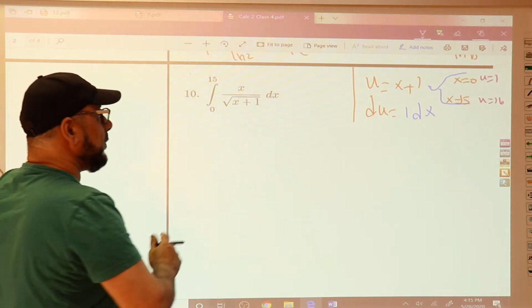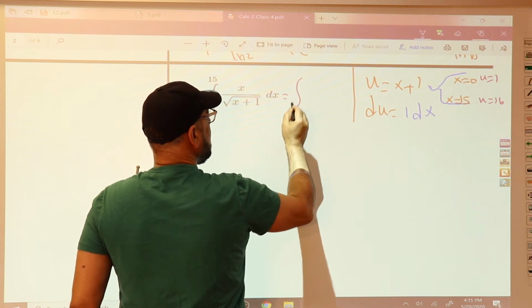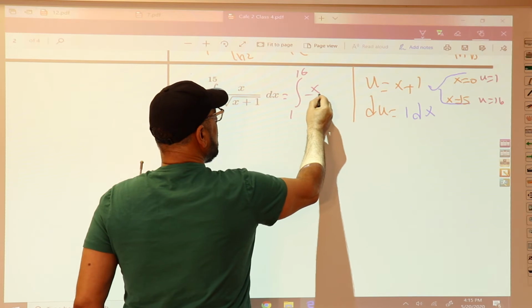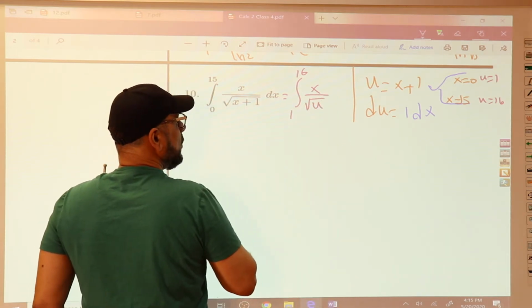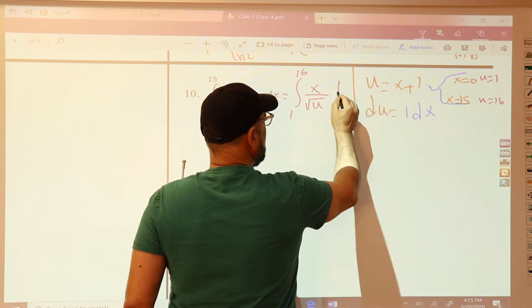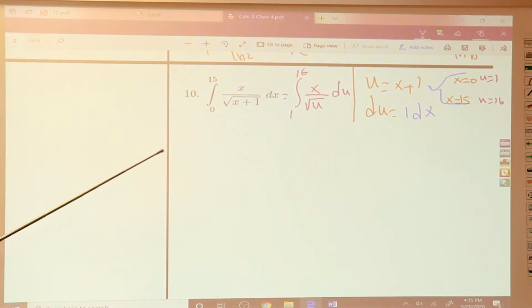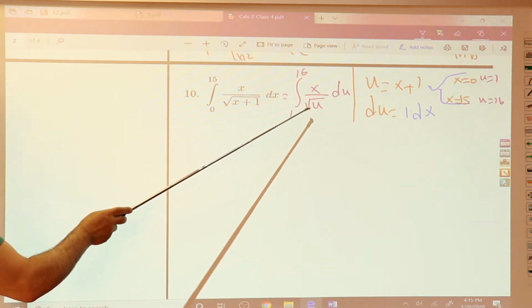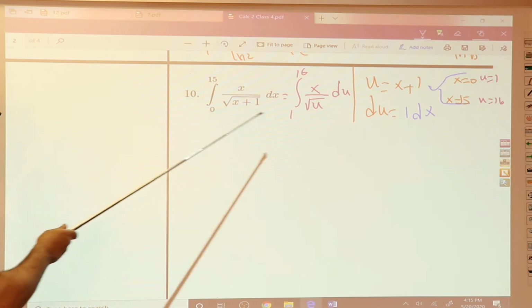Integration from 1 to 16, x square root of u, and dx equals du. Here is a special case. Look here. I end up with x and u, and I changed my limit.